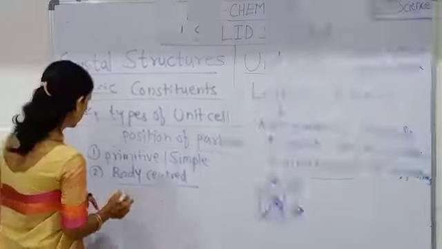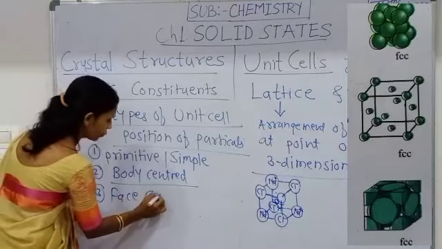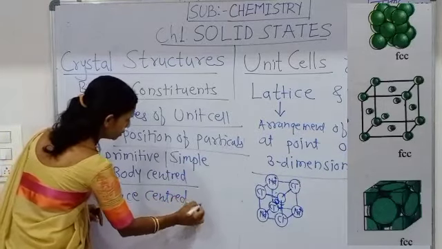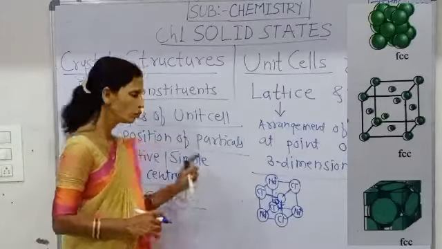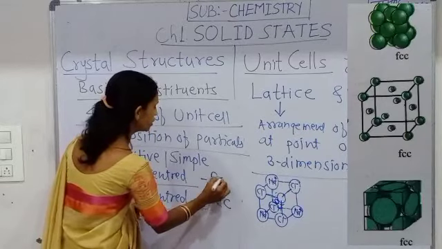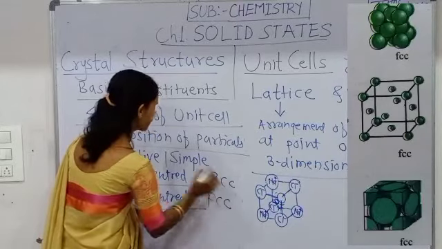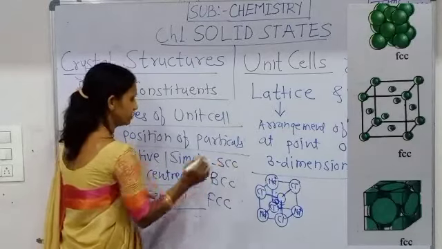Then the third one is face centered. The face centered unit cell is also known as FCC, the body centered unit cell is known as BCC, and the simple unit cell is known as SCC.